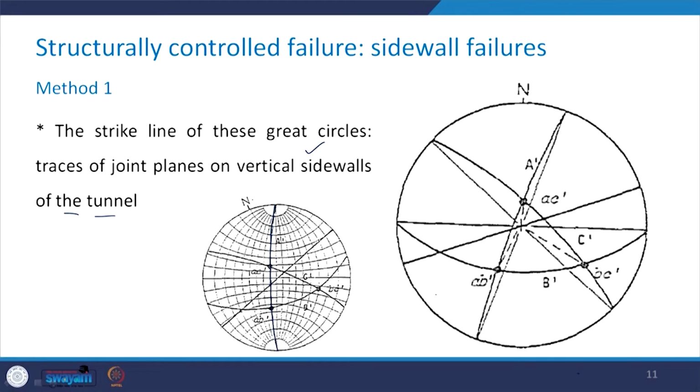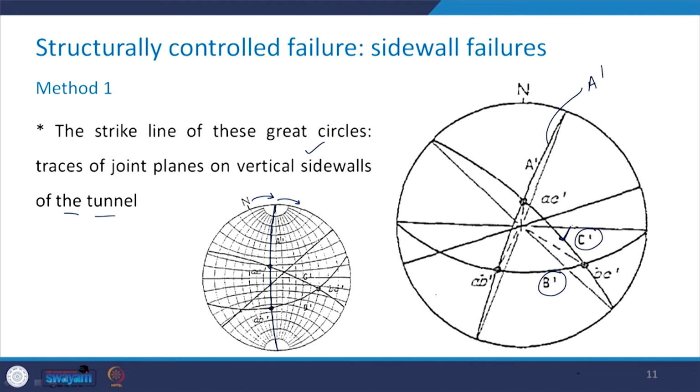Now, I rotate back this north to the original position. So, you see that this circle will also get rotated by the same angular distance and it will look like this. So, here this is your A prime, this is B prime, and this circle is your C prime.